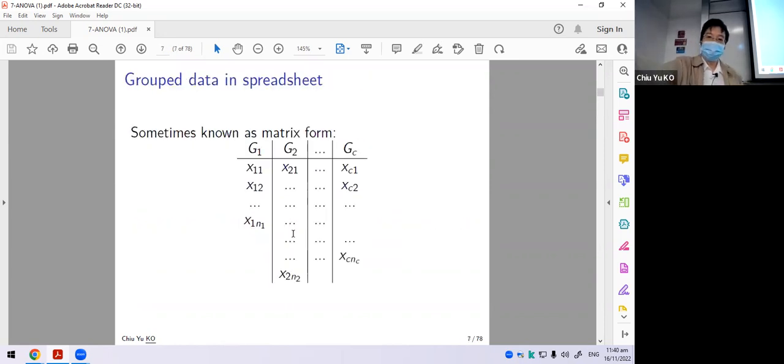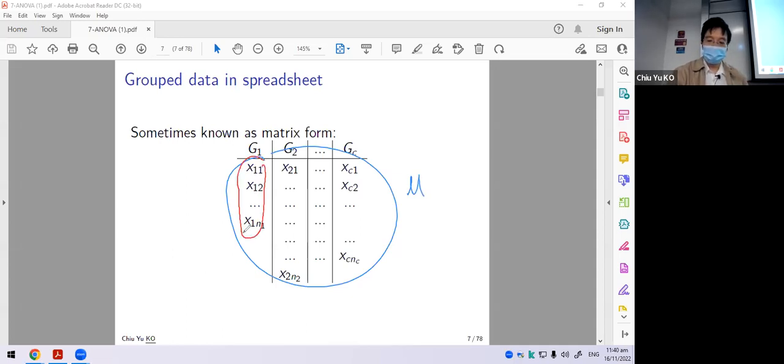If you try to get all the numbers and average, that gives you the mu, right? If you're just averaging a single column, the first column gives you mu1, right? If you average the second column, it will give you mu2, and so on and so forth, until the last column, which gives you mu(n), right?